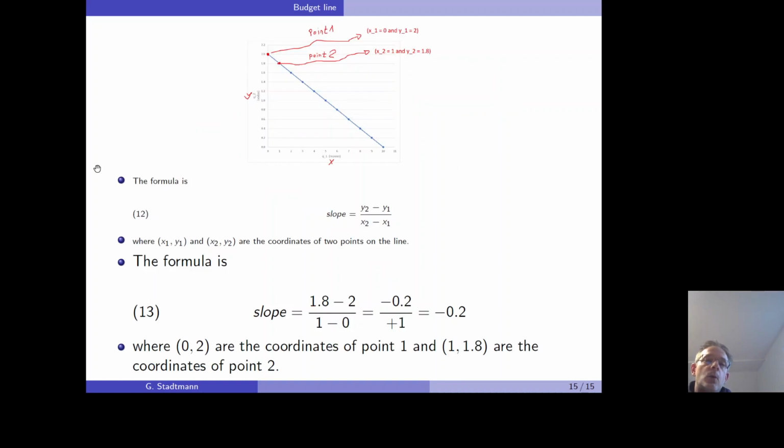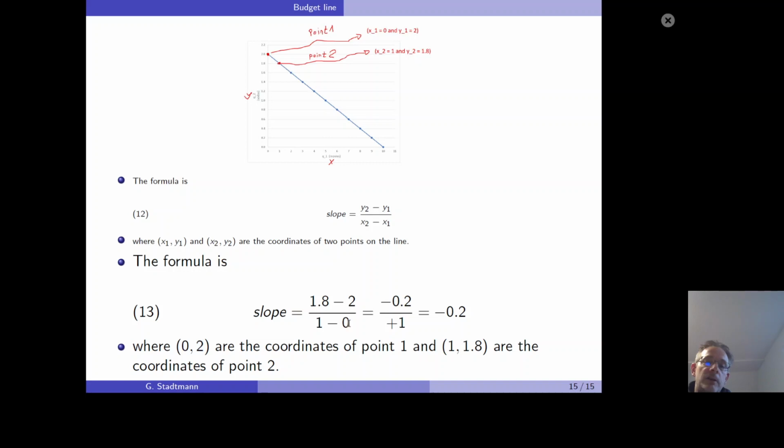And hence, we can also use this formula. We only have to consider that 0 and 2 are the coordinates of point 1, and 1 and 1.8 are the coordinates of point 2. So we find y2 here, which is 1.8, minus y1, which is 2. So we have 1.8 minus 2 here.